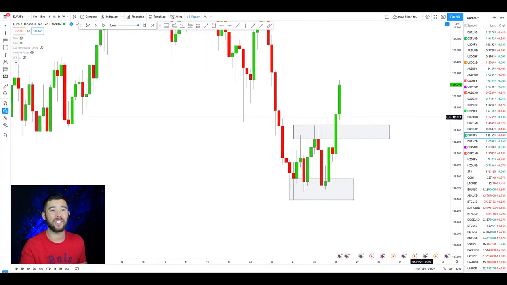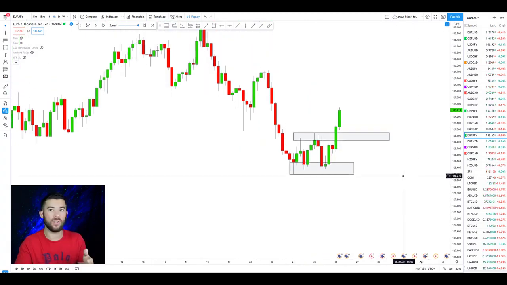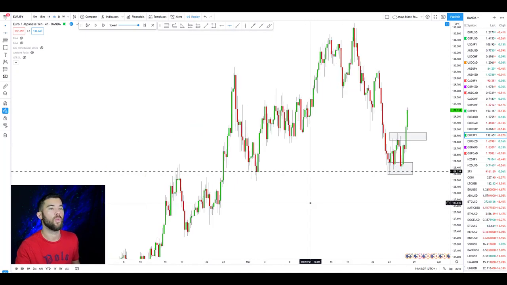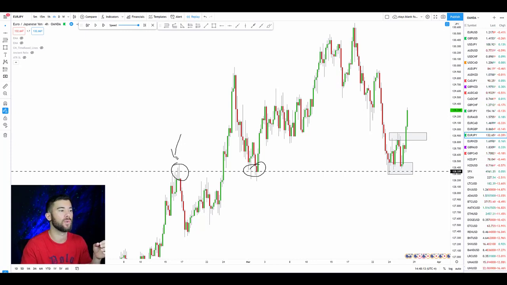But as an added confluence, what I like to do and the way I like to trade these, and the most accurate way to trade like this, is to wait for this situation to happen and only trade this situation when it aligns with a level of major structure. So this happened to be an area of also resistance and support looking left, an area of major structure on the euro yen. We're on the euro yen 4-hour chart right now.